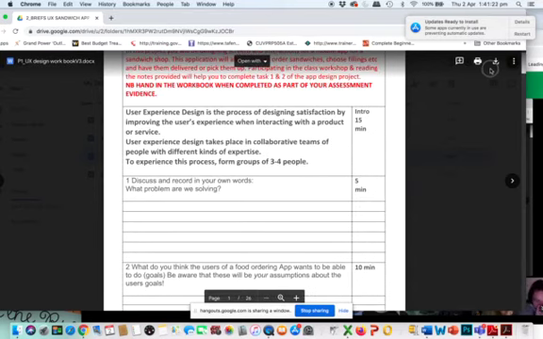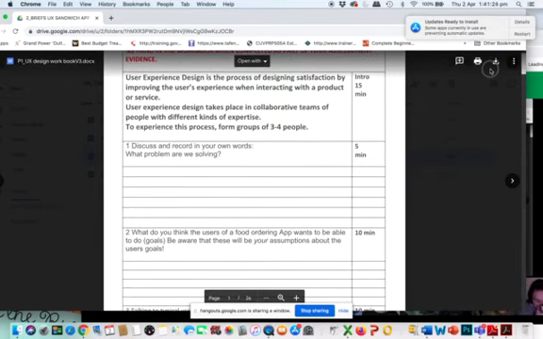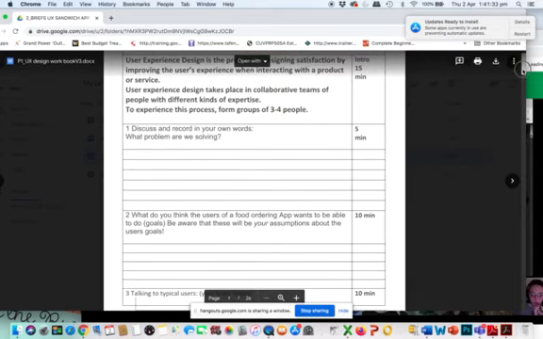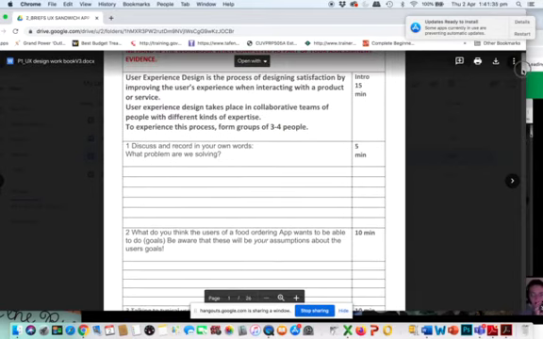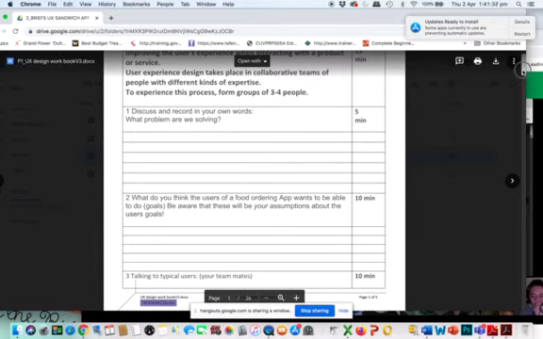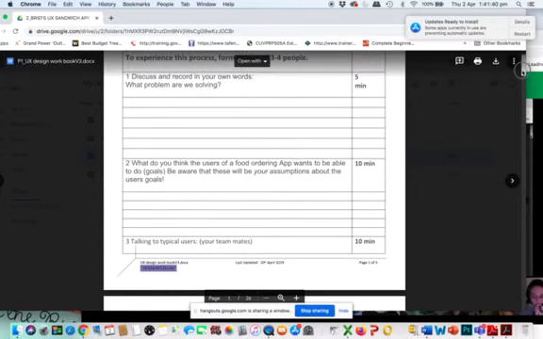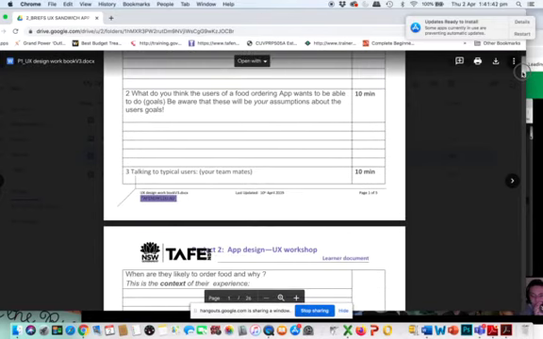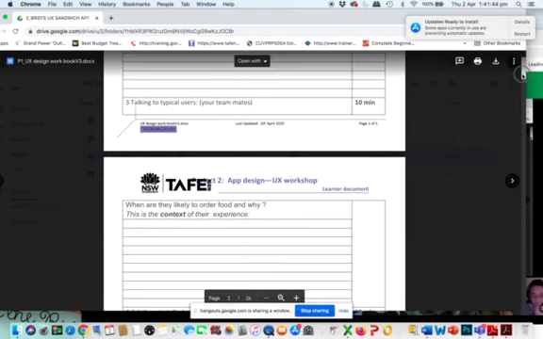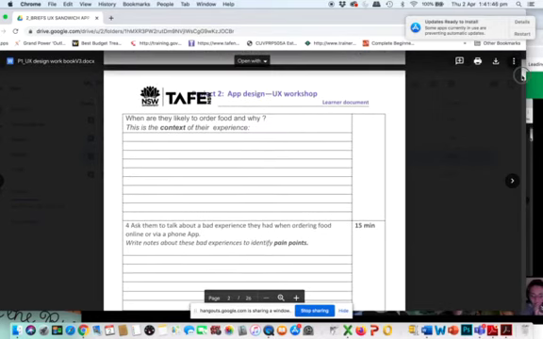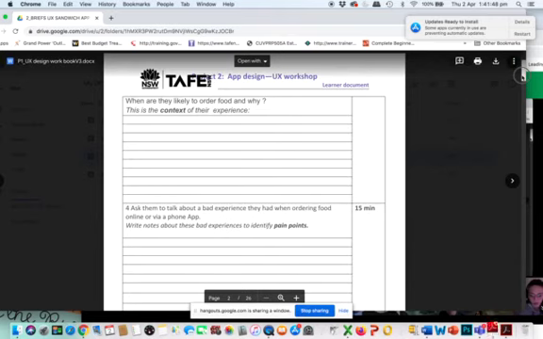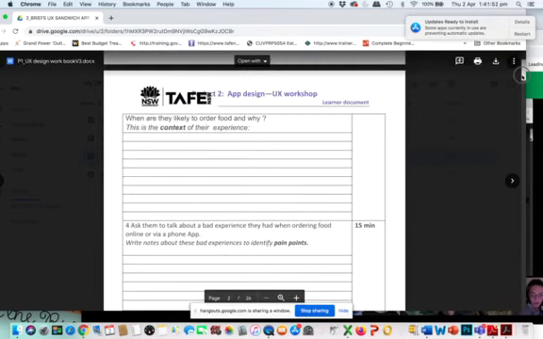You don't need to complete the whole booklet. You just need to identify who the app is for, what's the problem you think they need solved, what features they may want, and what's the context: when are they likely to use it, at midnight, early in the morning, in the middle of the day.